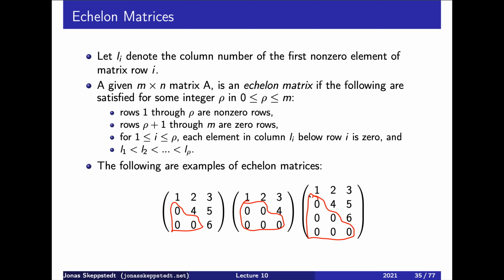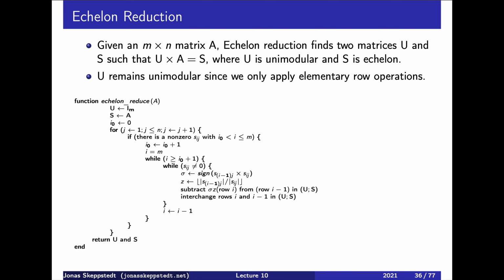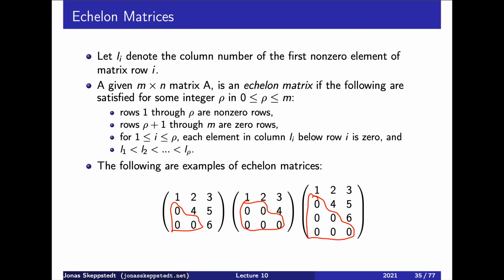Okay, and the definition is written here, but it can also be seen here, namely that the number of rows with leading zeros increases or is the same. So this is the algorithm for producing these echelon matrices.